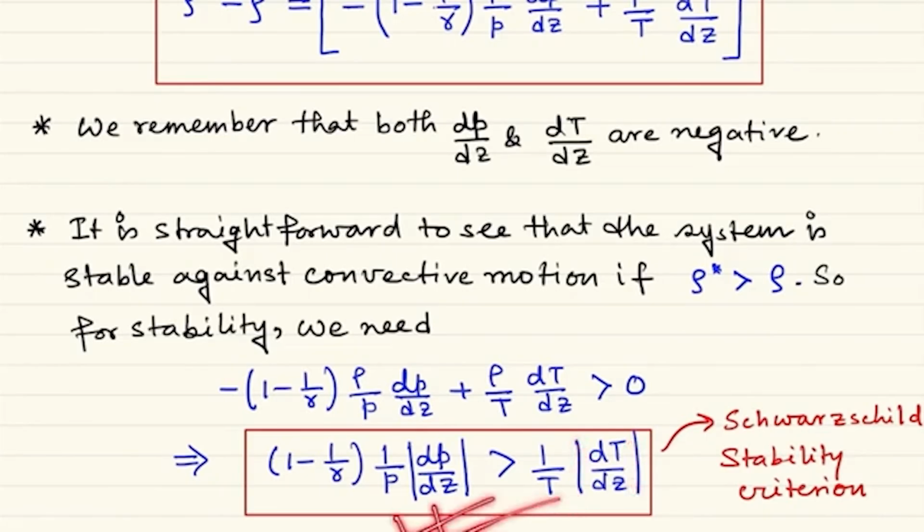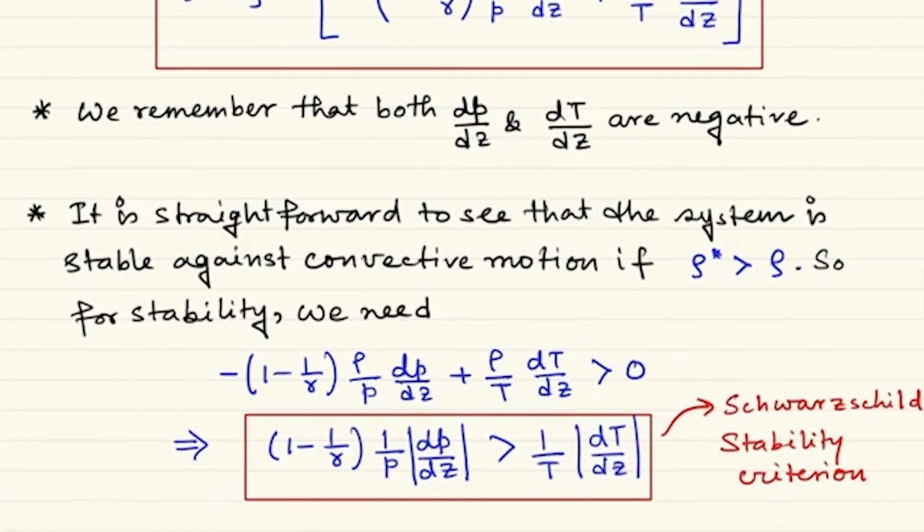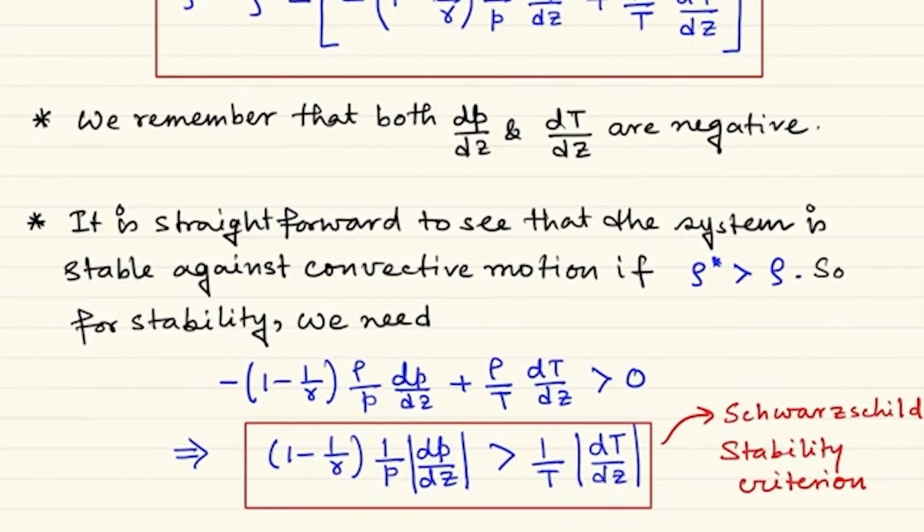That is the condition of stability against convective motion for an ideal gas system initially at hydrostatic equilibrium. This condition is known as the famous Schwarzschild stability criterion.